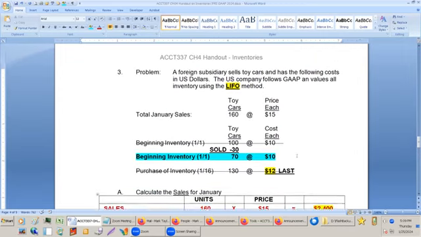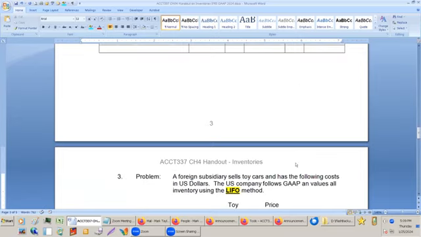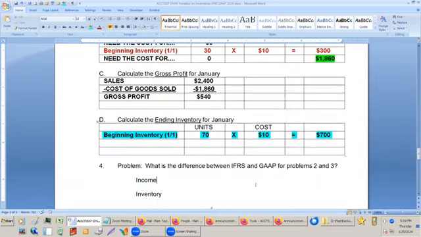Well, our gross profit for 2 was 680, minus GAAP, US. Is that 140?